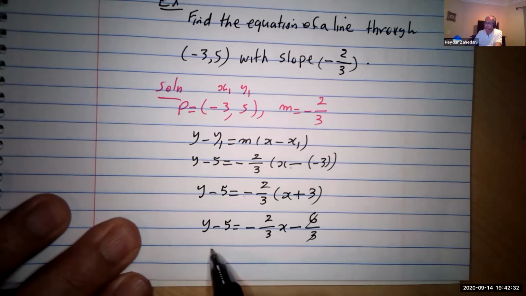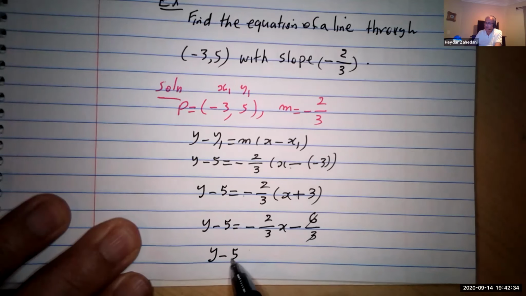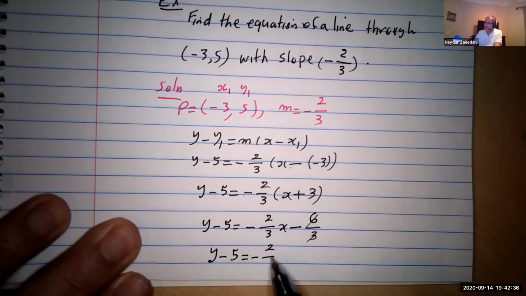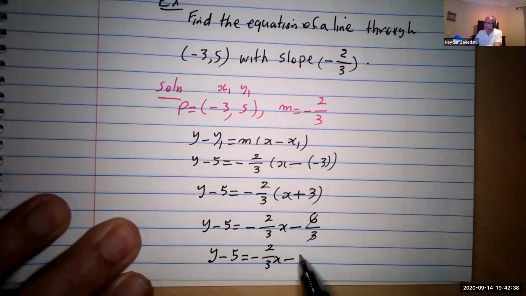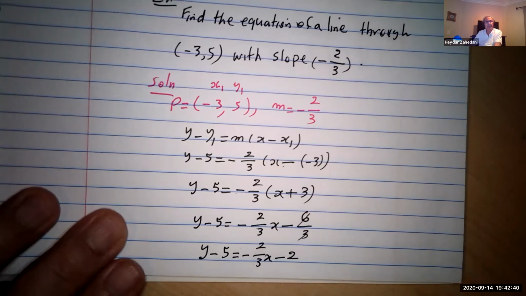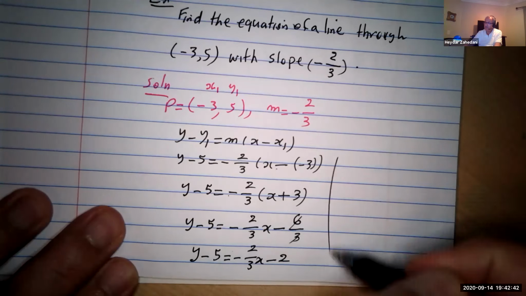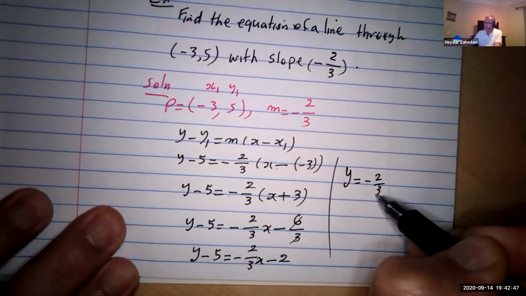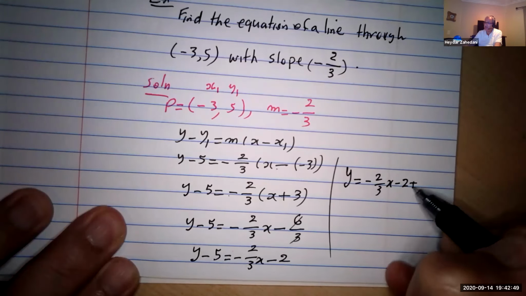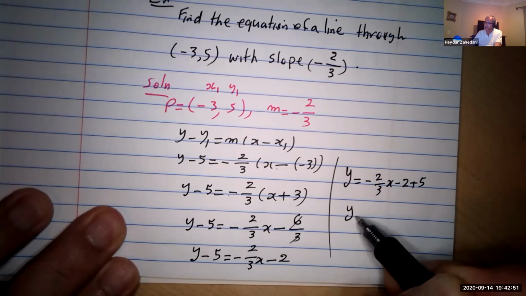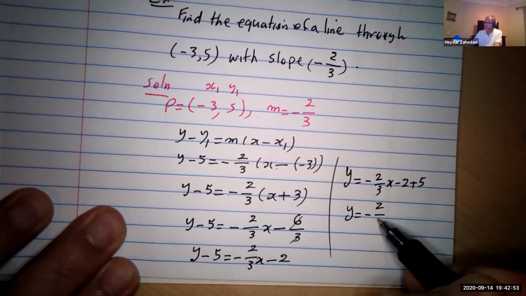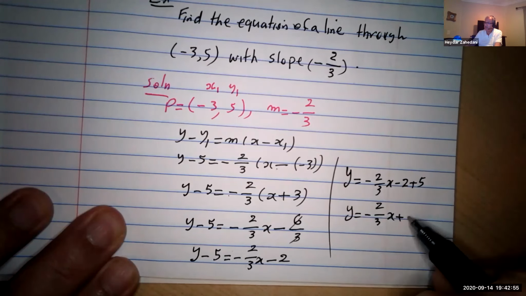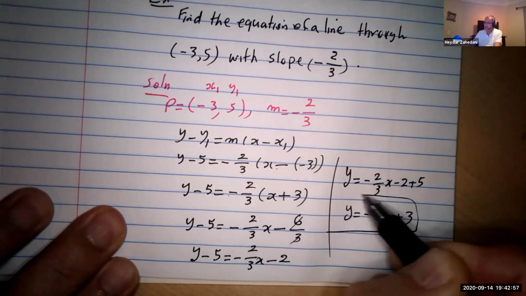So y minus 5 equals -2/3 x minus 2. We add the 5 to simplify, so y equals -2/3 x minus 2 plus 5. So y equals -2/3 x plus 3, the final answer.